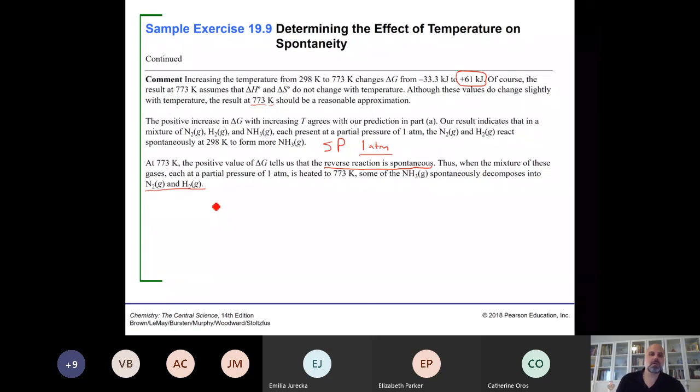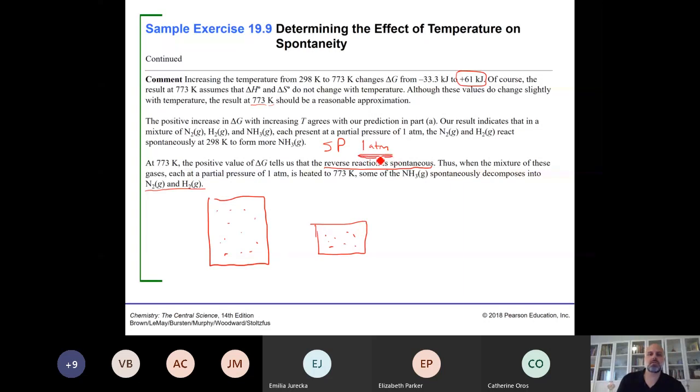If you recall, we talked about systems with lots of gas molecules in an equilibrium, and you shrink or increase the pressure by shrinking the size of the vessel, you're going to favor the side of the reaction that has the least number of gas molecules. So what they do in this reaction is they increase the pressure.